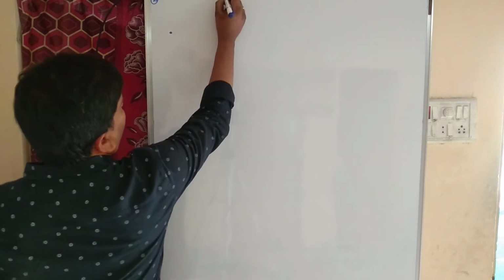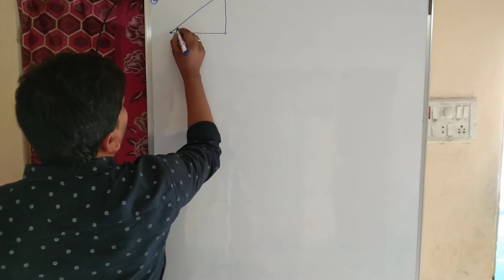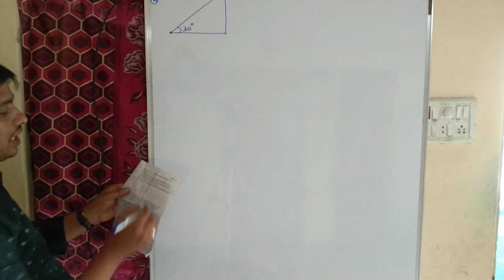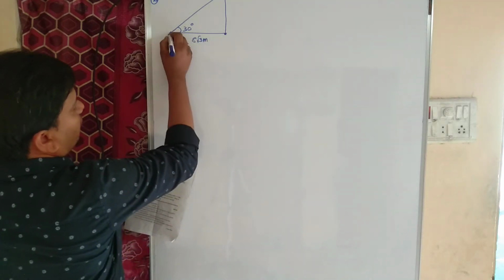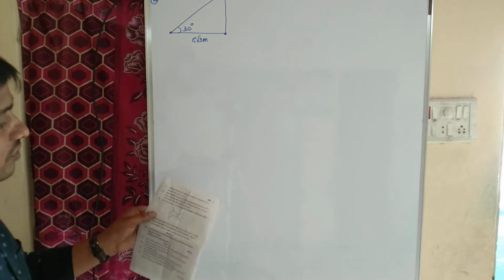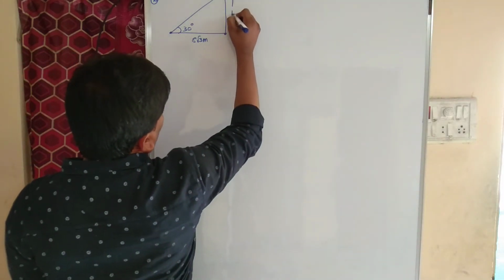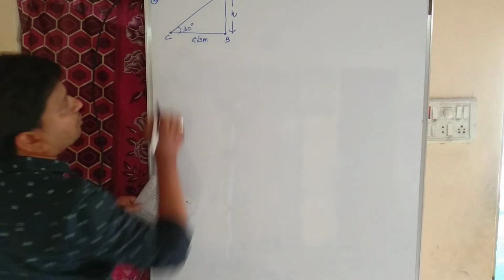He is observing the top of a pole at an angle of elevation 30 degrees. Now they are asking to find the height of the pole.